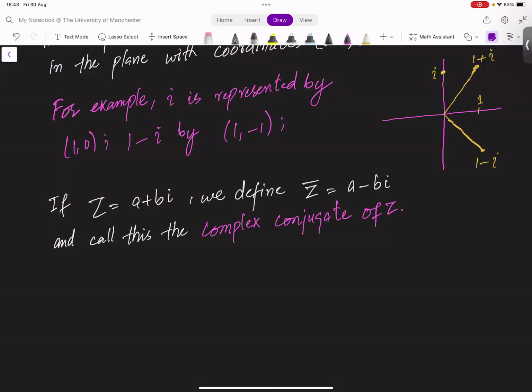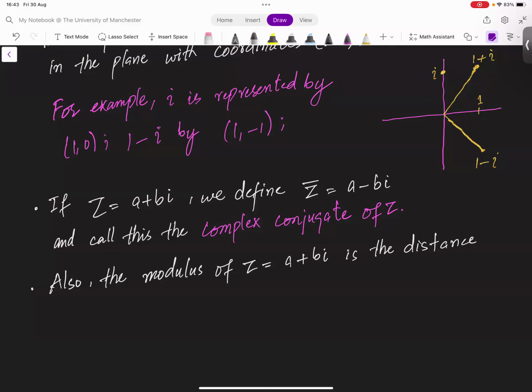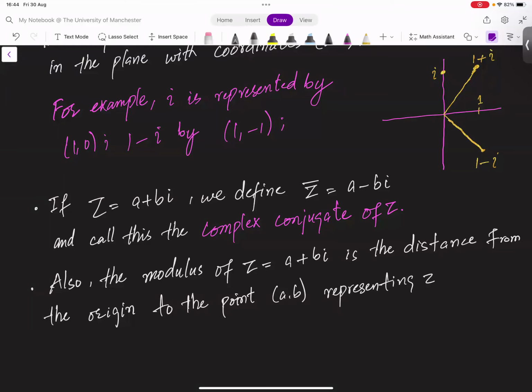Also, the modulus of z, where z is a plus b iota, is the distance from the origin to the point a comma b representing the complex number z.